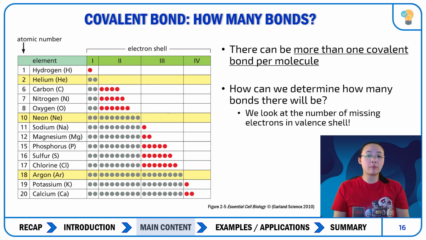If I take a look at carbon, again, there are 4 present electrons and 4 missing electrons. This means that carbon can technically have up to 4 electrons shared with it, whether that comes from 4 different atoms or just another atom that shares 4 electrons at once. So why don't we take a closer look at that?